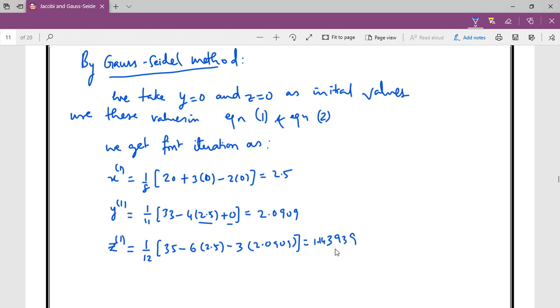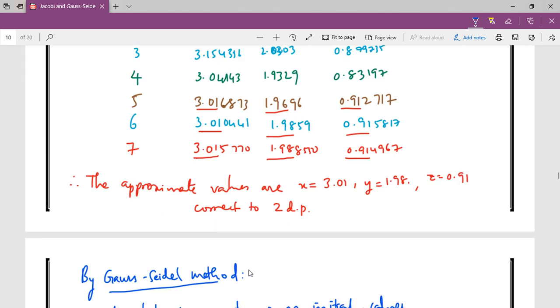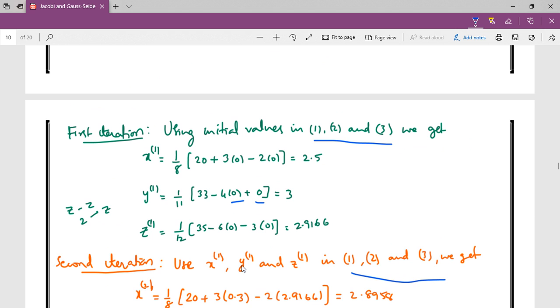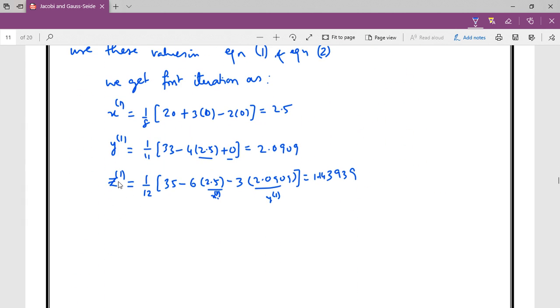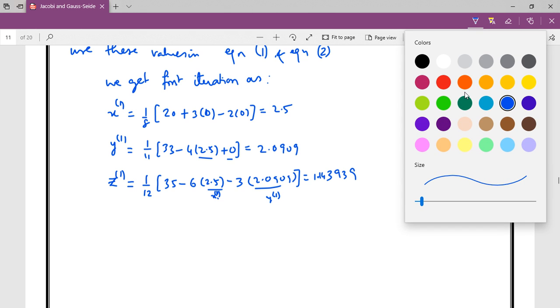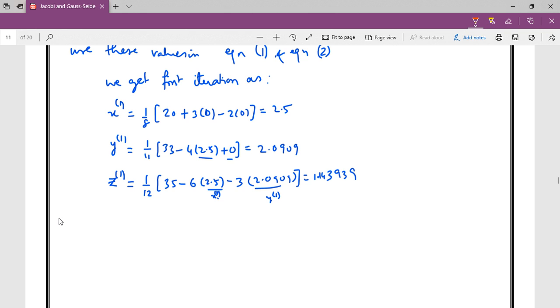You see the difference: we use x1 and y1. Whereas in the Jacobi method, while calculating z1 we still use the initial values x0 and y0. In the Gauss-Seidel method, while calculating z1 we use x1 and y1. So this is the first iteration. Next, let us go for the second iteration.